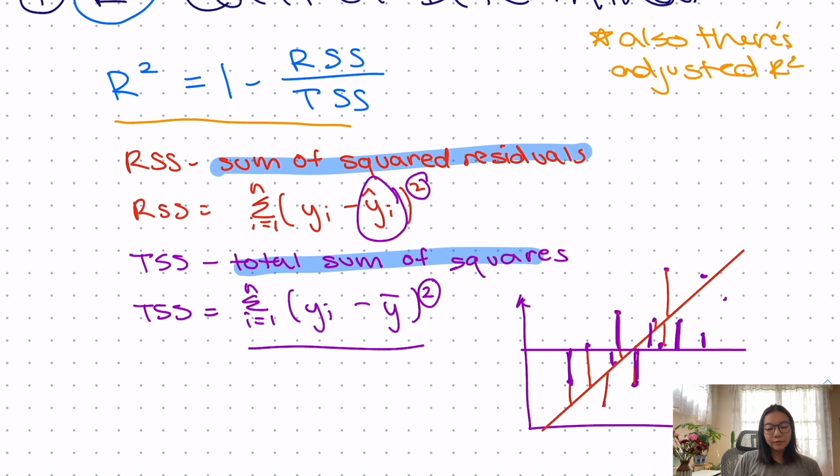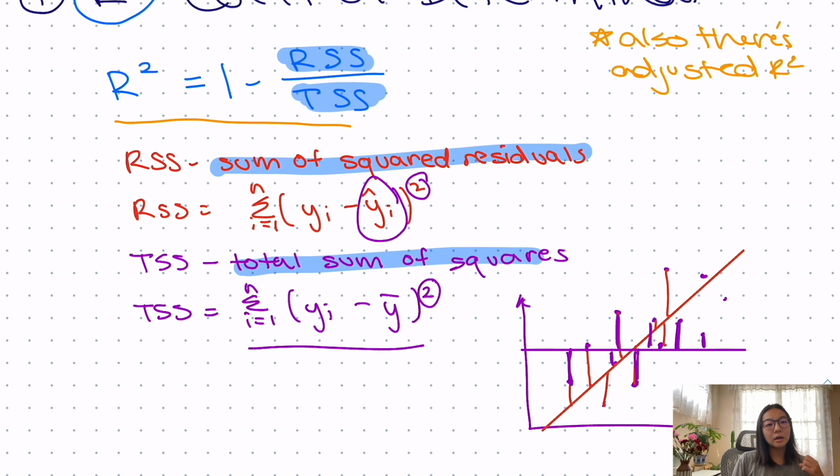And if our line of best fit is a better fit than this total sum of squares, that means that this numerator is going to be smaller than this denominator, right?